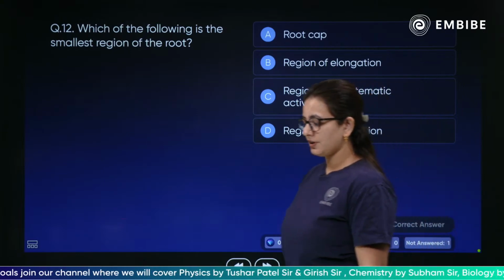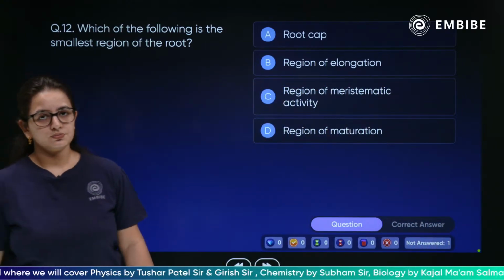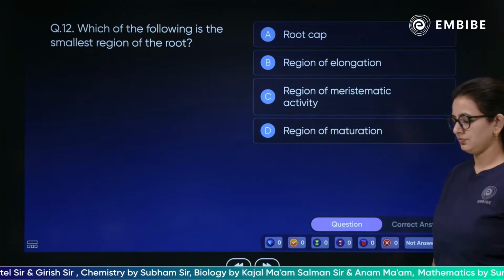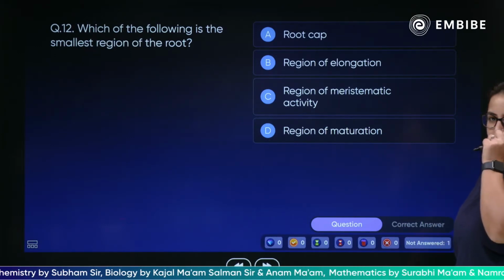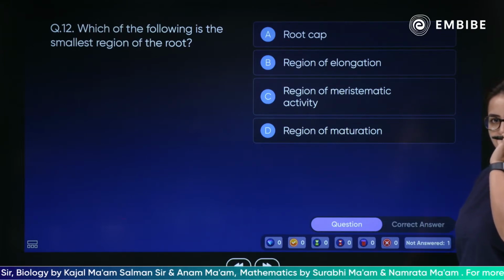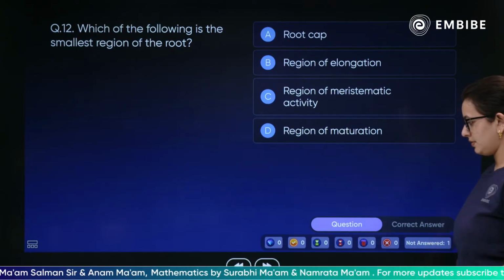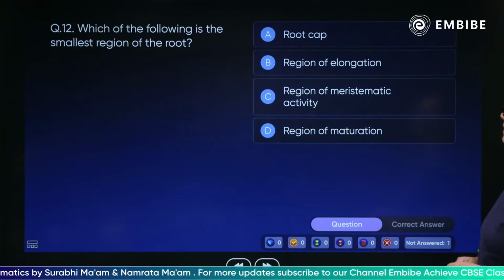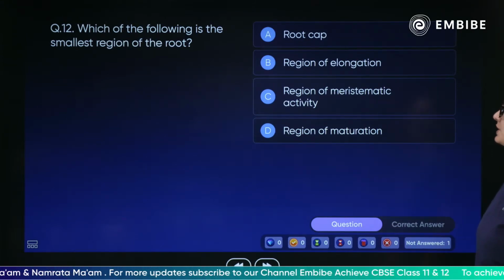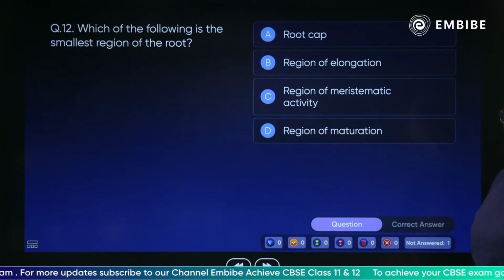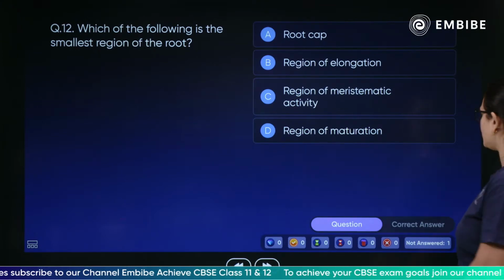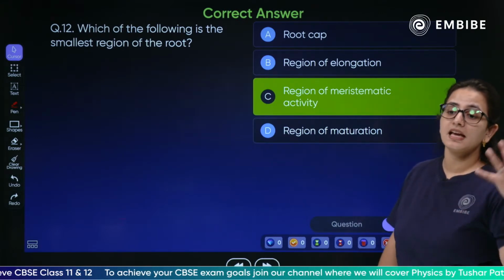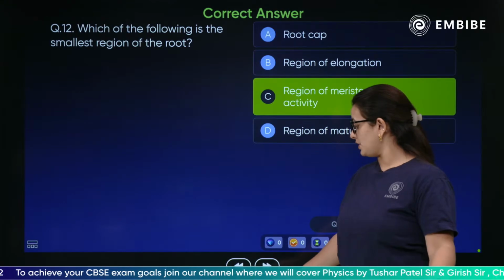Absolutely, the region of meristematic activity is the smallest region of the roots.